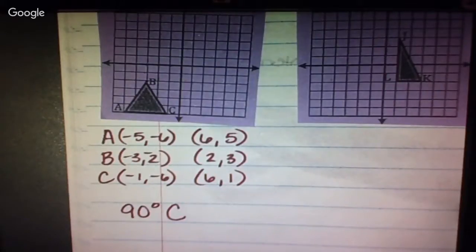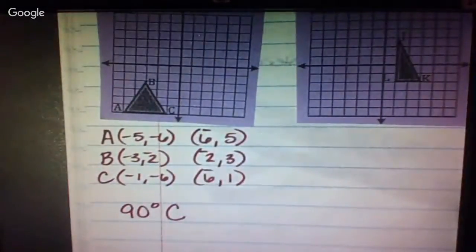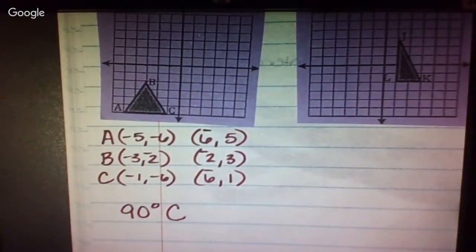If I'm going 90 degrees clockwise and I start in quadrant 3, I end up where? Quadrant 2, which means I should be negative, positive. So now every one of your points, you're going to make negative, positive, negative, positive, negative, positive. You're done.